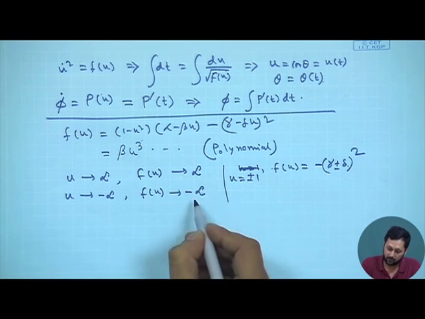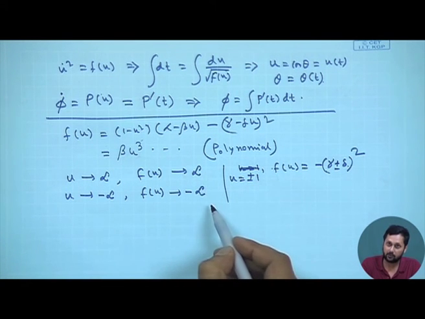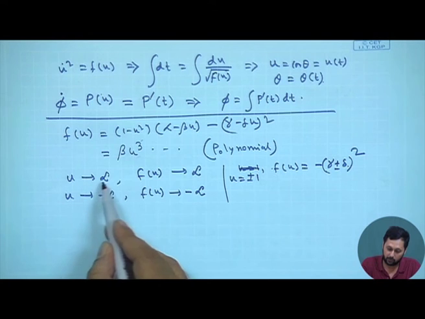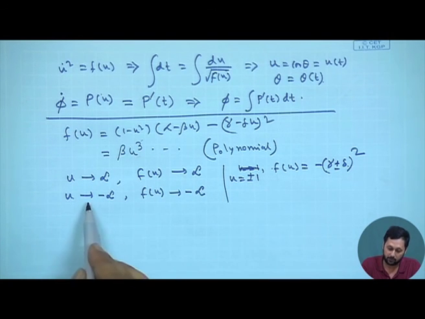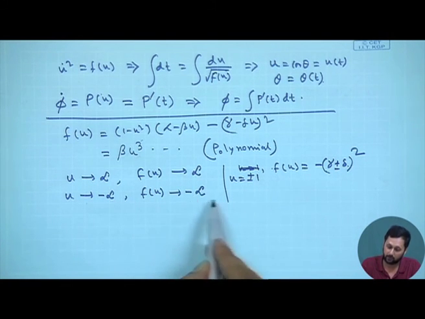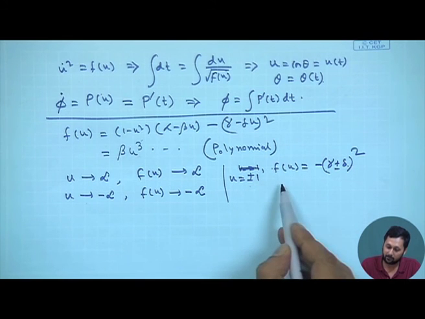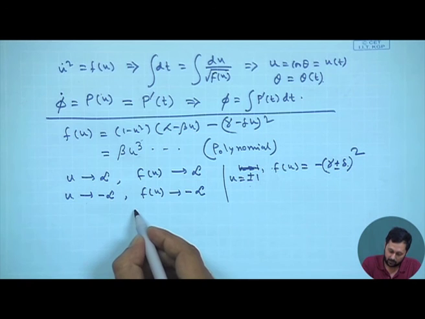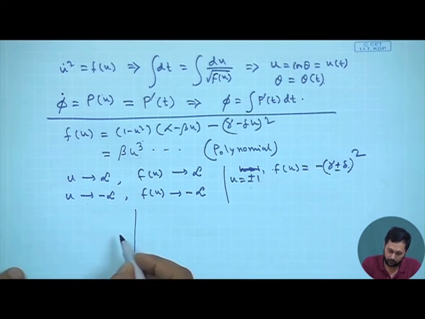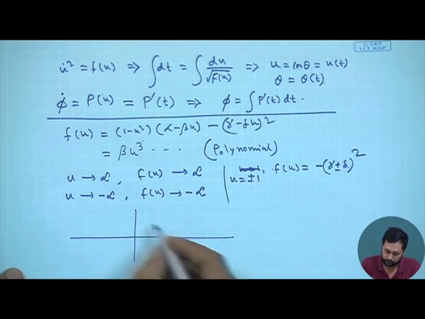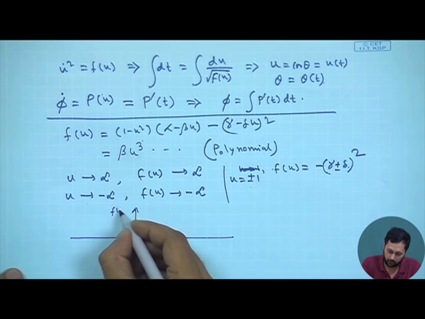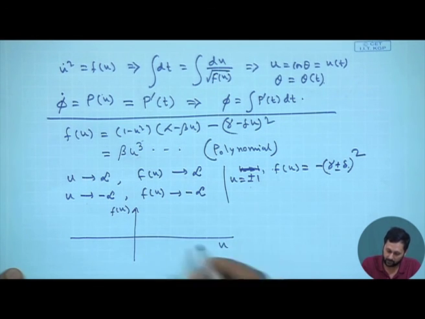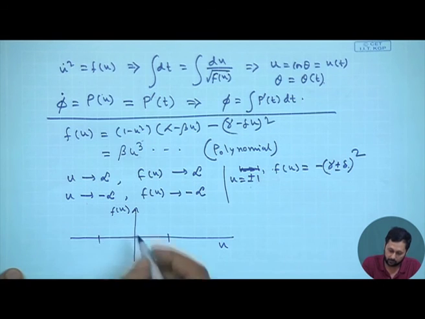So we have three conditions on u: at u equal to infinity f goes to plus infinity, at u equal to minus infinity it goes to minus infinity, and at plus and minus 1 it is negative definite. Now, if I try to plot f of u, this is your u axis, this is your plus 1, this is your minus 1.